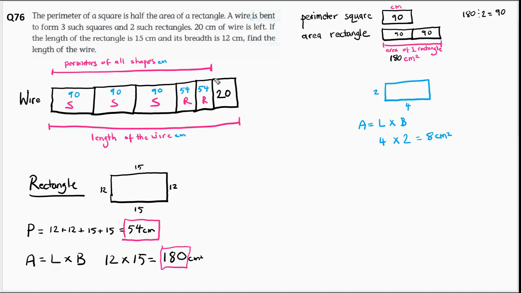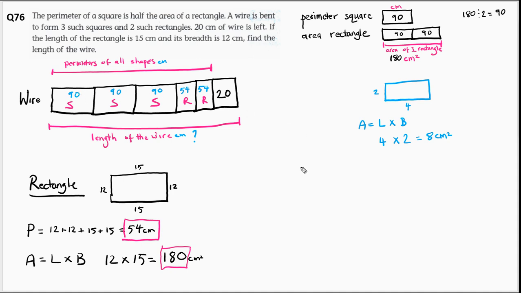Okay, well, we are getting somewhere, aren't we? Let's go back and look at our question and see actually what it was asking. It says, find the length of the wire. I should have put a question mark in here. This is what our question is. What's the whole length? And we have a value now for all of these parts.